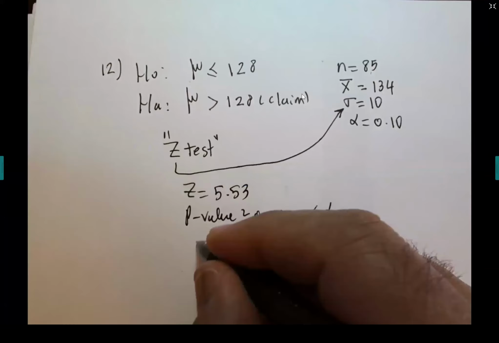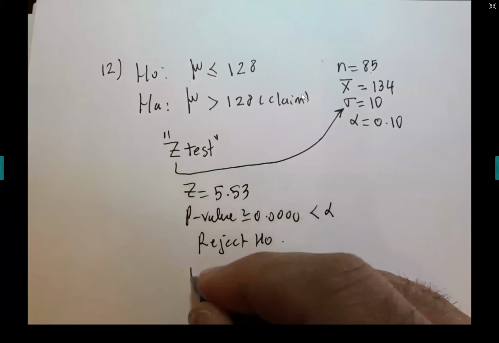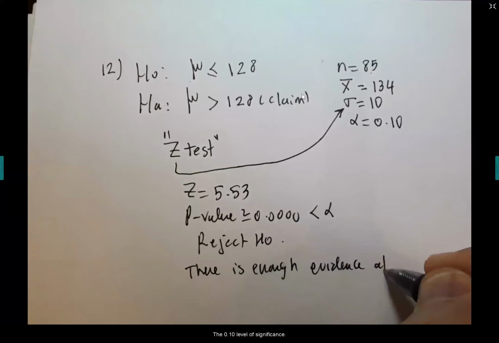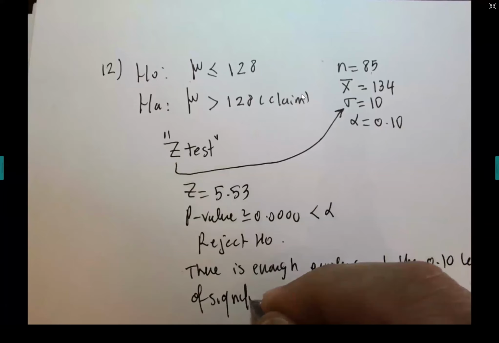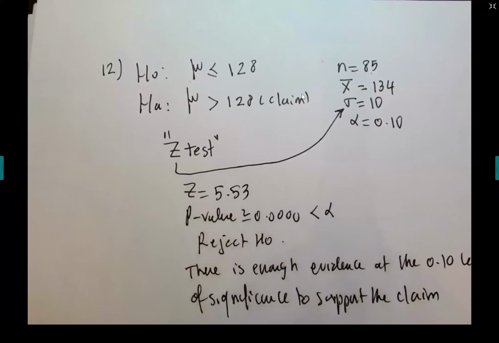We reject H0, and we support the claim. There is enough evidence at the 0.10 level of significance to support the claim, that the mean systolic blood pressure for business executives is more than 128. Why is it higher?